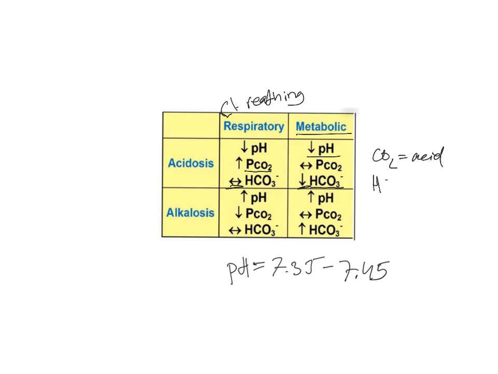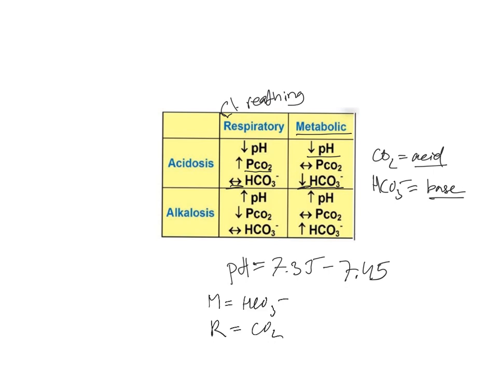Bicarbonate is a base in the blood, and if it's leaving more, then you're going to have less base in your system, which is why it leads to metabolic acidosis. The kidneys are responsible for doing this, and an easy way to remember this is metabolic deals with bicarbonate, respiratory deals with carbon dioxide.